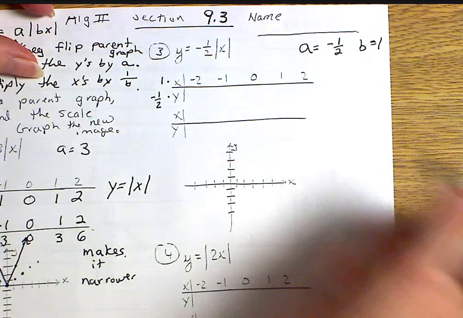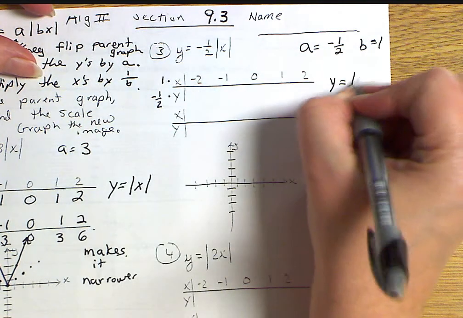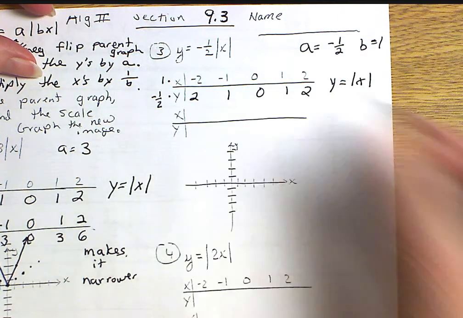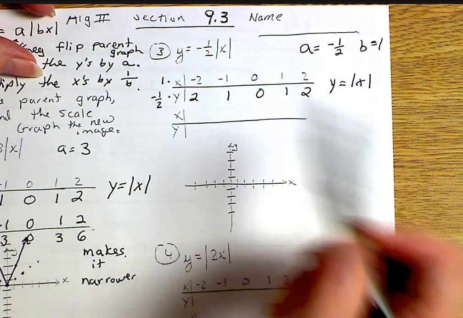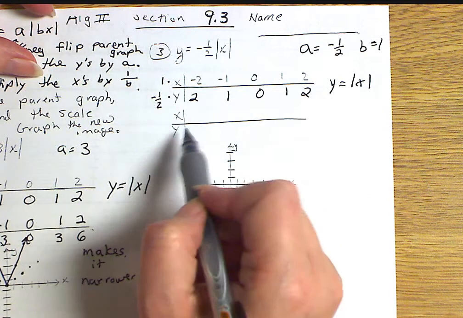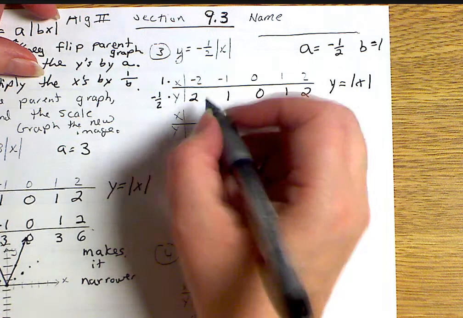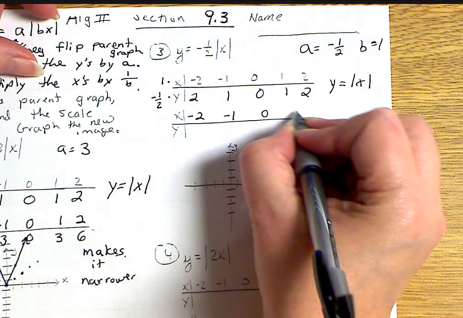Alright, so, oops, I forgot my parent graph. Y equals absolute value X, 2, 1, 0, 1, 2. Alright, so we have here, we're multiplying top by negative 1, or 1, so we have negative 2, negative 1, 0, 1, and 2.